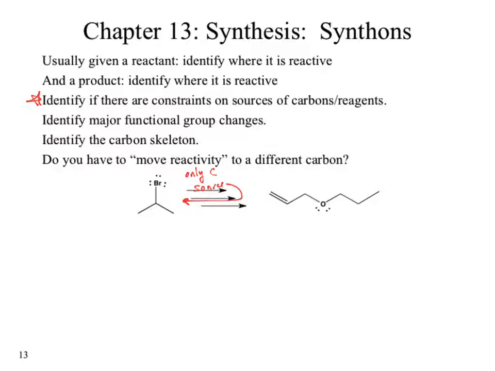So when you try and go from the bromide to the ether, you'll notice that we have differing carbons, right? The only place you can get carbon is from the bromide. For all of this synthesis. So every synthesis has its own limitations. All right, so what do you notice?